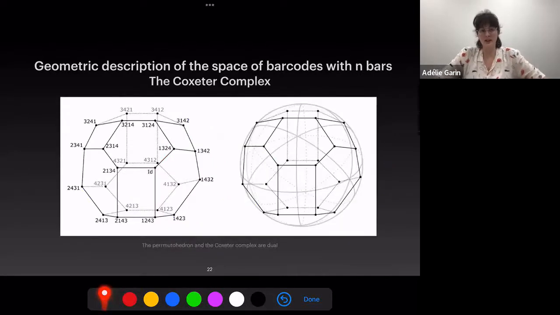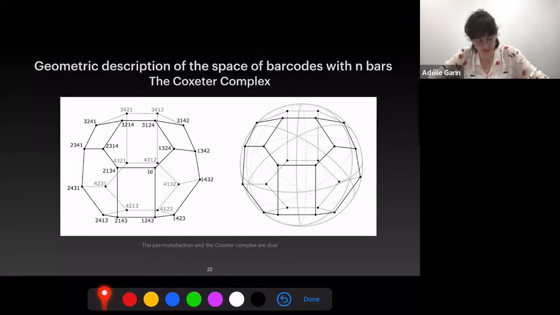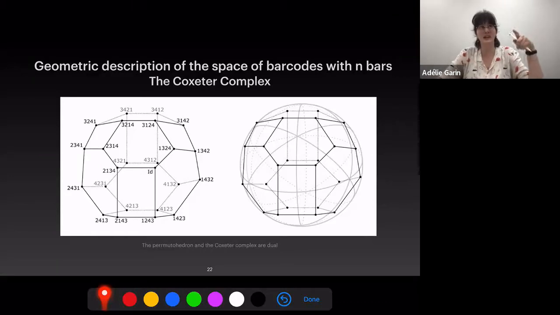And this is where something called the Coxeter complex comes into place. Probably most of you don't know what the Coxeter complex is, but you can think of it as the dual of the permutohedron. First, the permutohedron is an embedding of the Cayley graph. The Cayley graph of Sn can always be embedded on an n-2 sphere, like here for S4.